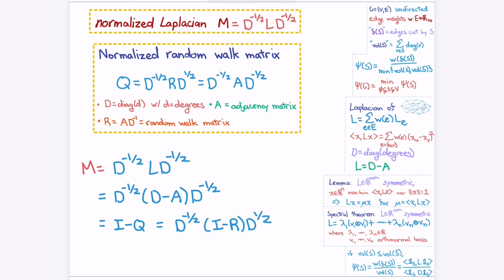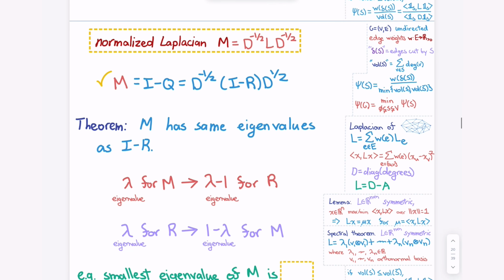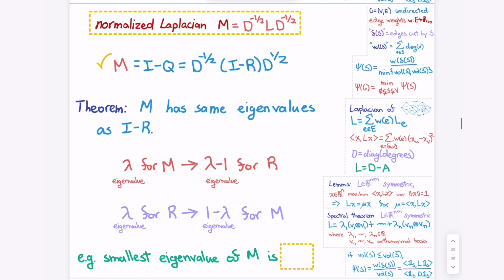random walk, okay? Which is similar to I minus the random walk, which means all the eigenvalues of the normalized Laplacian we already know.